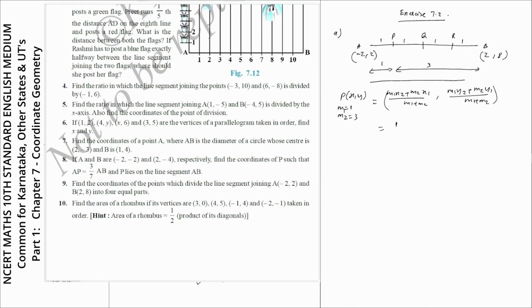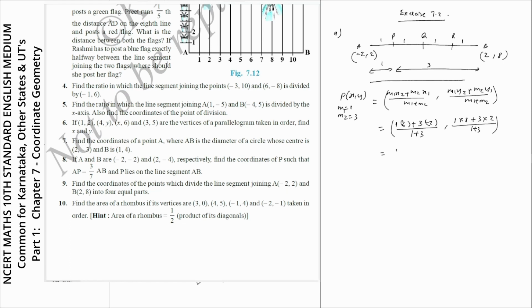M1 is 1, x2 is 2, plus M2 is 3, x1 is minus 2, by 1 plus 3. M1 into y2 is 8, plus M2 is 3 into y1 is 2, divided by 1 plus 3.